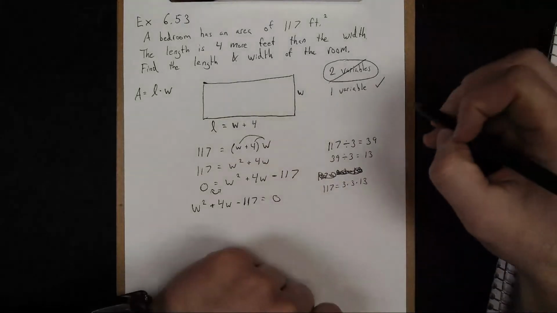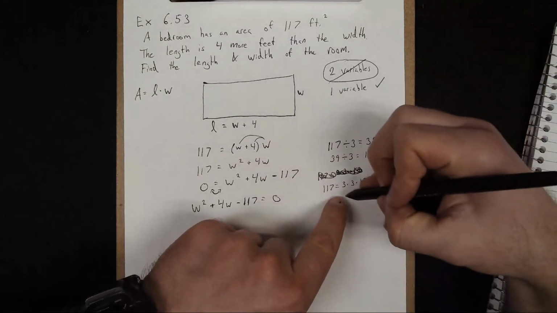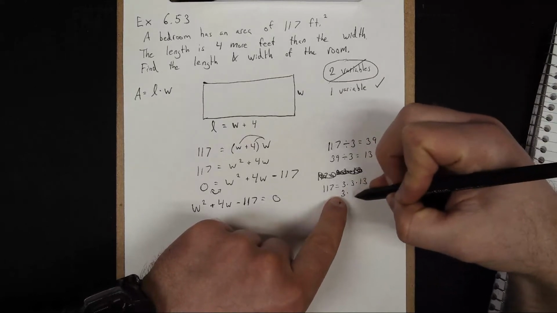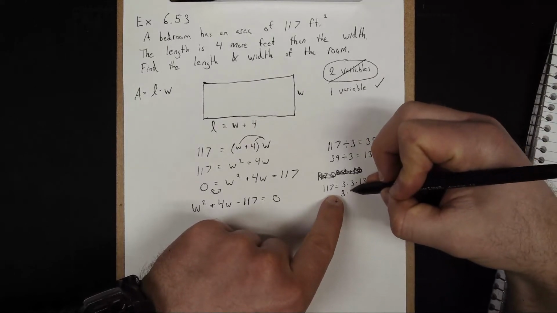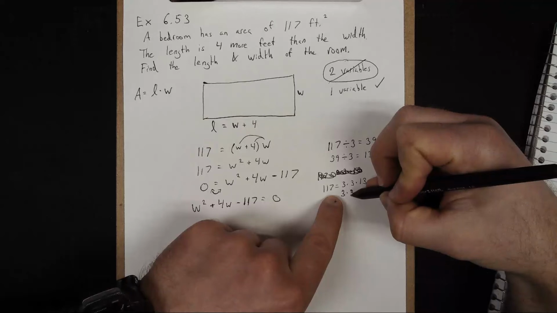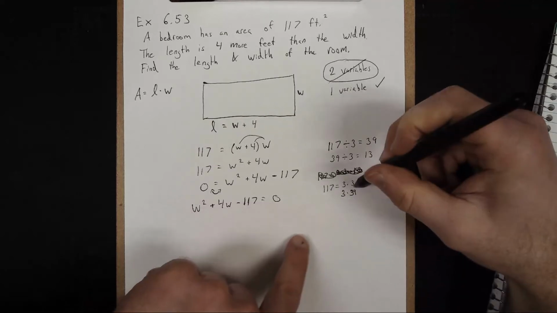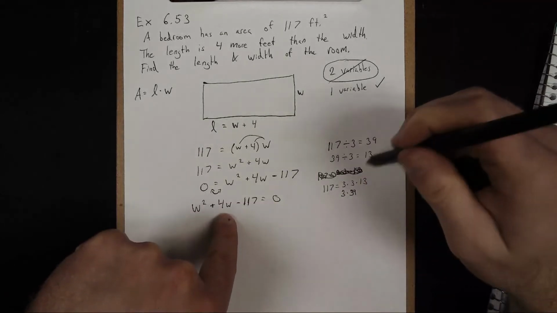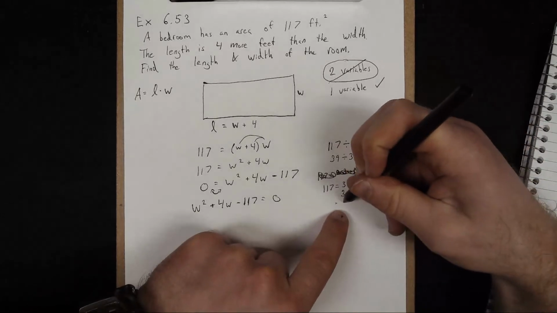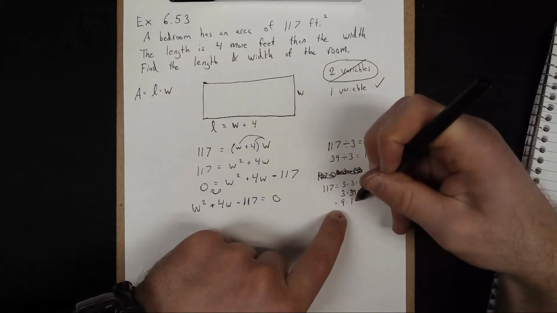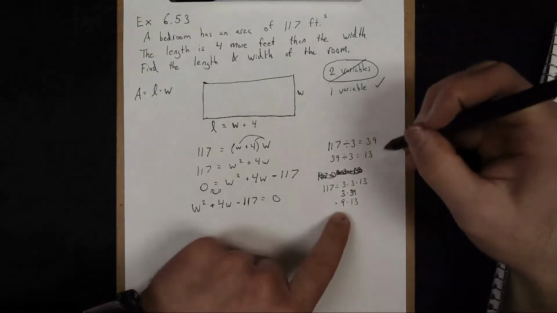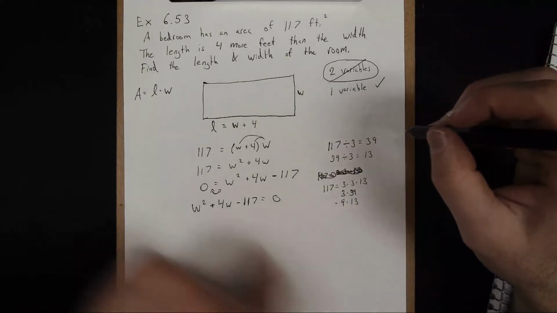All right, you could play around with this. You could try, oh, what about 3 times 39? Well, those aren't going to add up to be 4, right? But if we had 9 times 13, aha, and we made one of those negative, now we might get to 4.